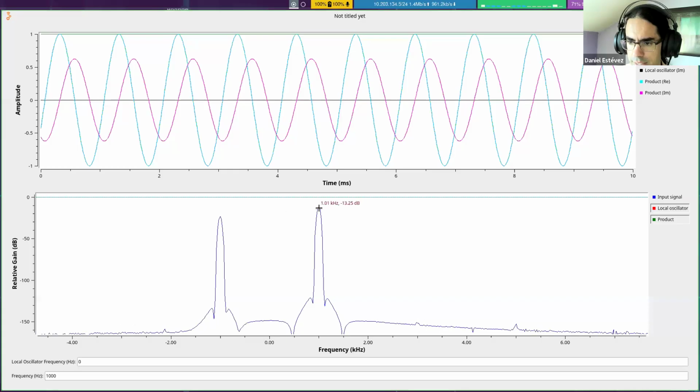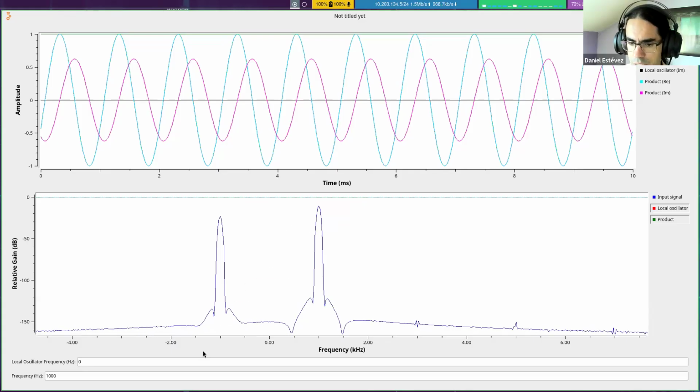Here we see that it's not doing a great job. This is the positive frequency component, with some amplitude, say minus 10 dB. Then this is the negative frequency component, with some other amplitude, so minus 20 dB. The Hilbert filter has managed to remove some power from this, but it's still fairly strong.